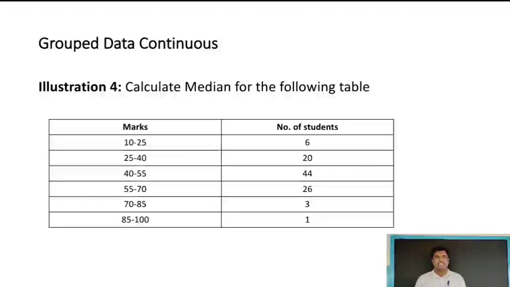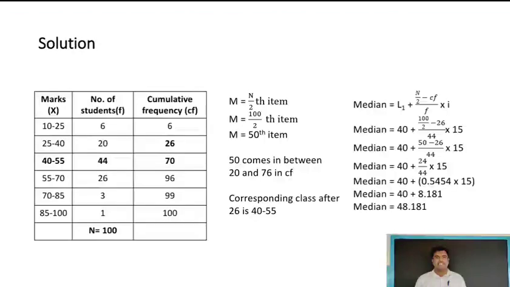Coming to grouped data continuous, calculate median for the following data. Here marks are given in the form of class interval, and the frequency, that is the number of students, is given. Now I calculate cumulative frequency again and apply the formula. But here it is not (n plus 1) by 2, it is just n by 2th item. n refers to the summation of frequency, that is 100 by 2, so M is equal to 50.